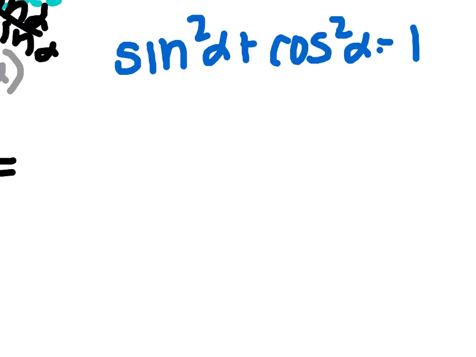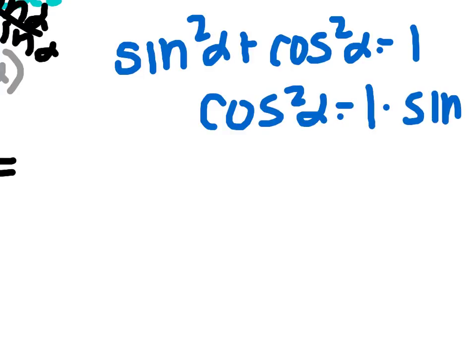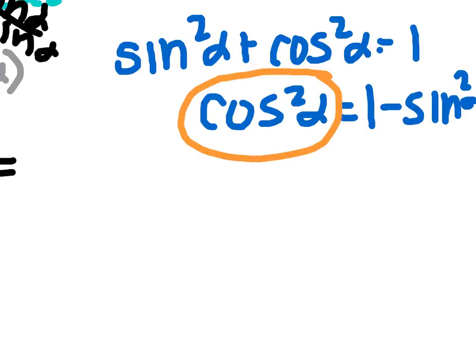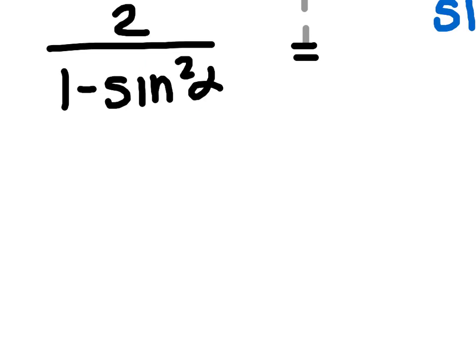So I know in this case to get 1 minus sine squared on one of the sides, I'm going to subtract sine squared. So this time, when I'm substituting in, I'm going to take cosine squared and substitute that in for 1 minus sine squared. So I'm going to go ahead and write 2 over cosine squared.